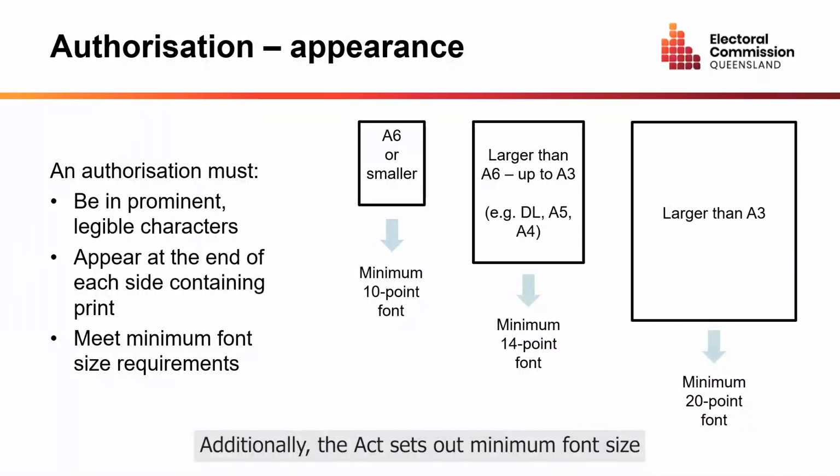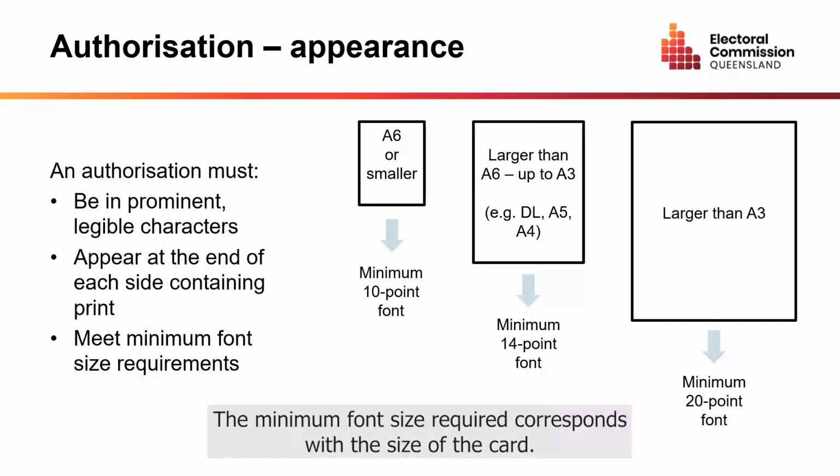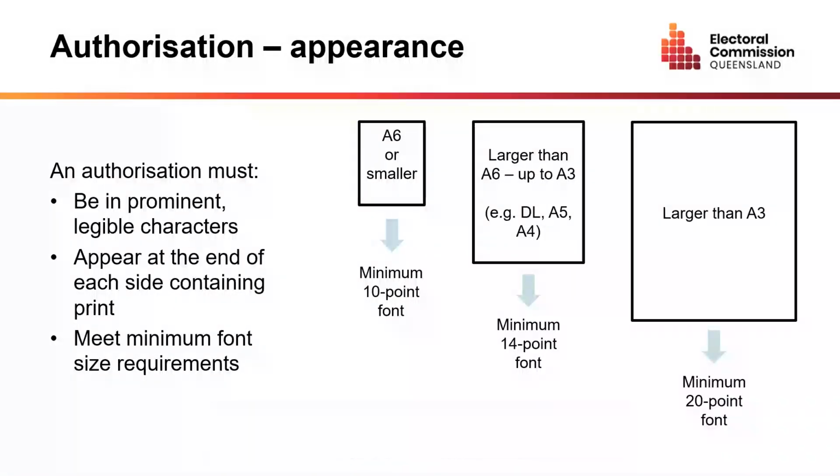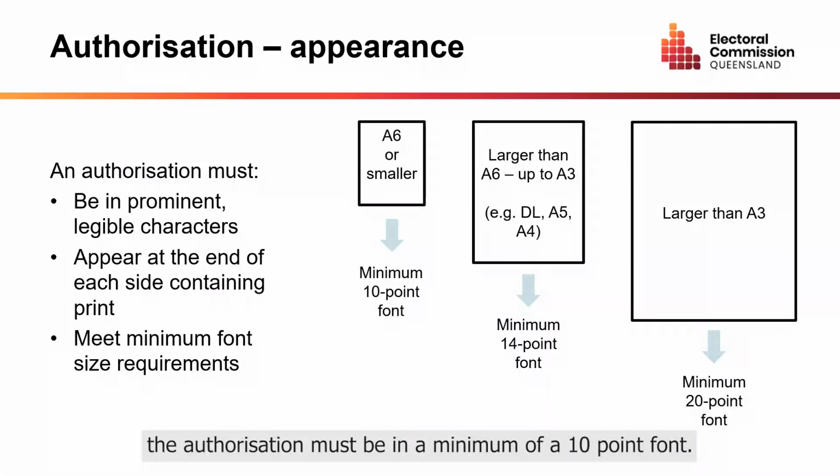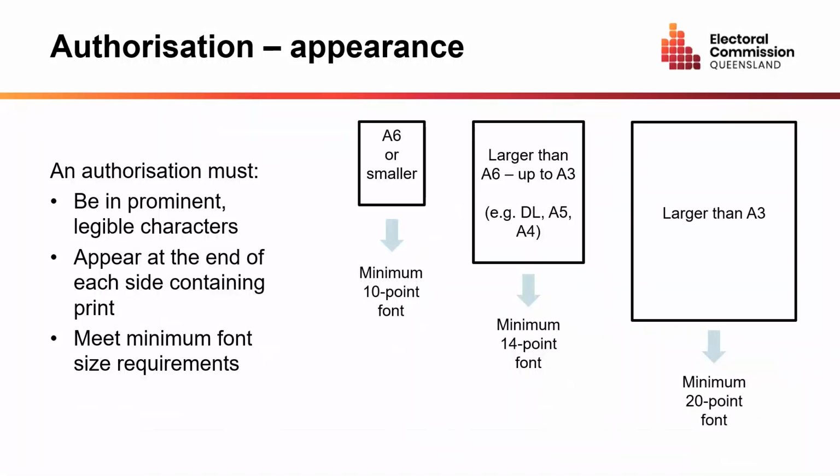Additionally, the Act sets out minimum font size requirements for an authorisation. The minimum font size required corresponds with the size of the card. For cards that are A6 size or smaller, the authorisation must be in a minimum of a 10-point font.